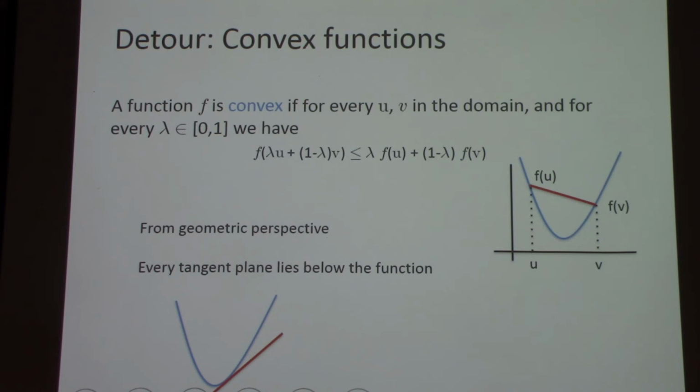A function f is convex. In this picture, the function is just a function of one variable. It's convex if the following property holds.